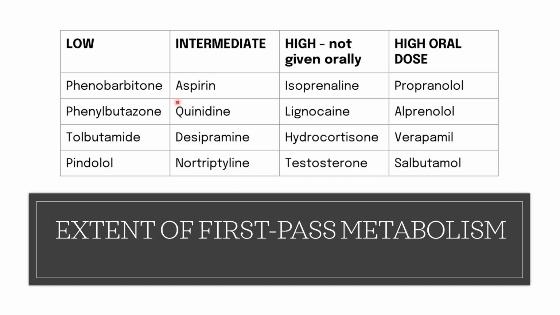An example of this is aspirin. And we also have those drugs that have a higher first pass metabolism, such as propranolol. Also in here, we have testosterone. Testosterone and hydrocortisone, for example, have a higher first pass metabolism, so they are not recommended to be given orally.